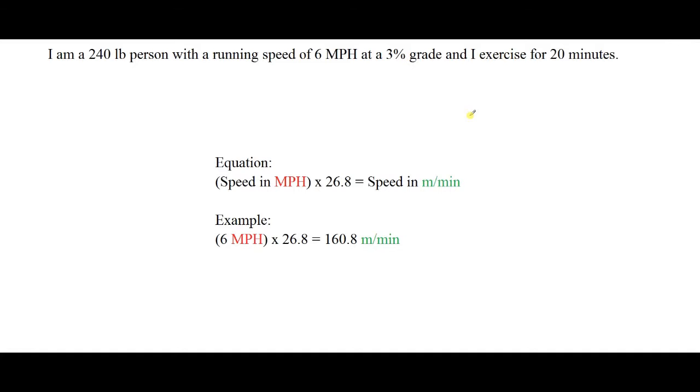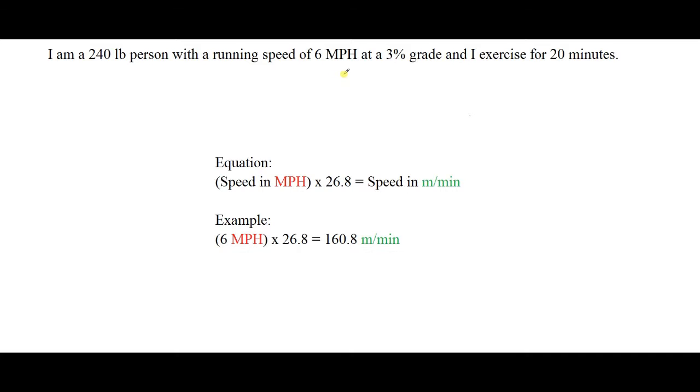All right, moving on to the second factor, which we know is running speed. Mostly when we talk about running speed, we're talking about miles per hour. And in this equation, we're going to have to convert it to something more exact than miles per hour. You can imagine that miles per hour is very broad.